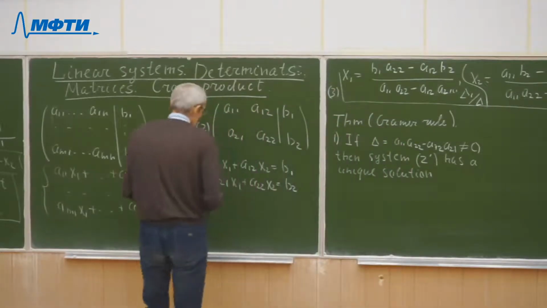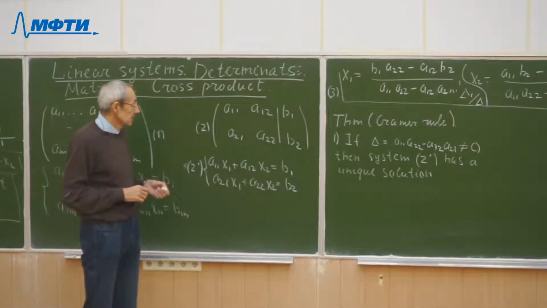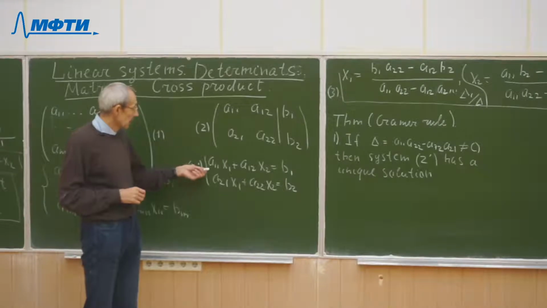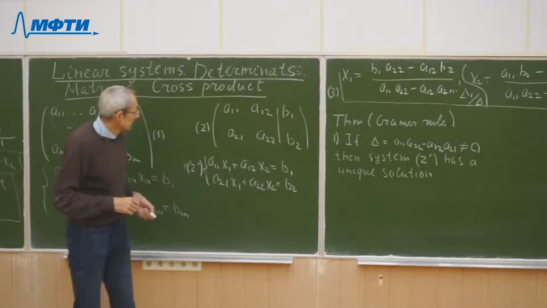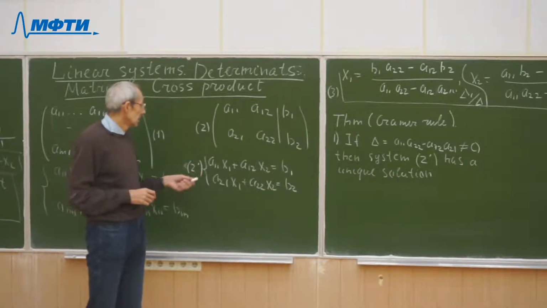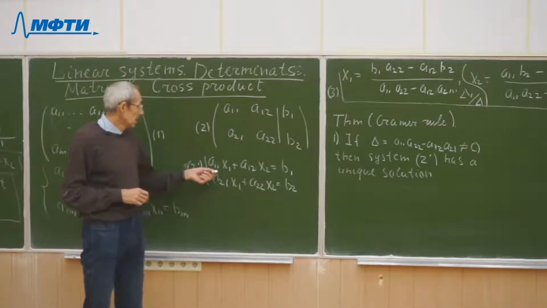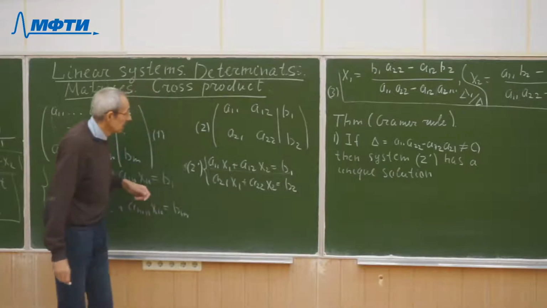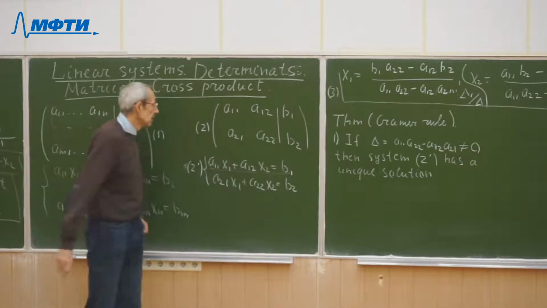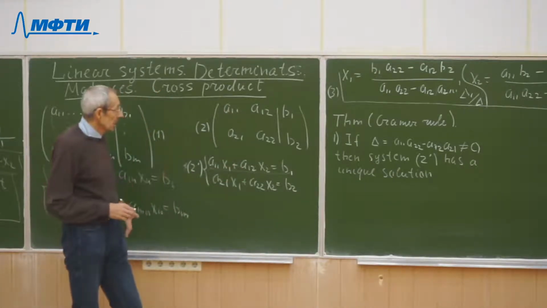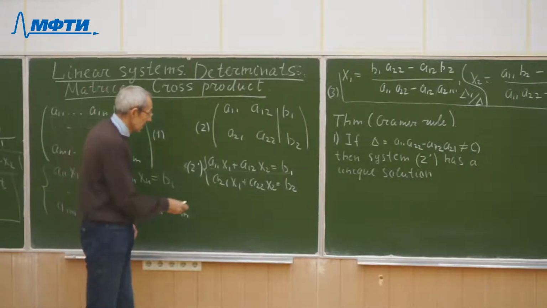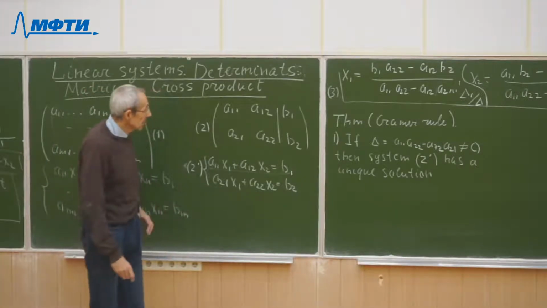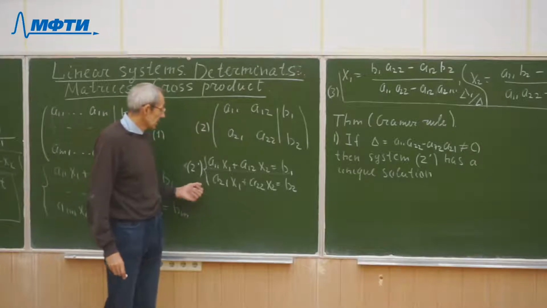Let this equation be in the following form, with a11 and a12 arbitrary real numbers, and the second linear equation with coefficients a21, a22.